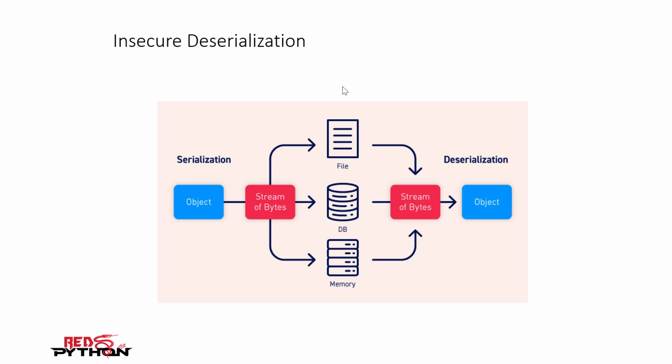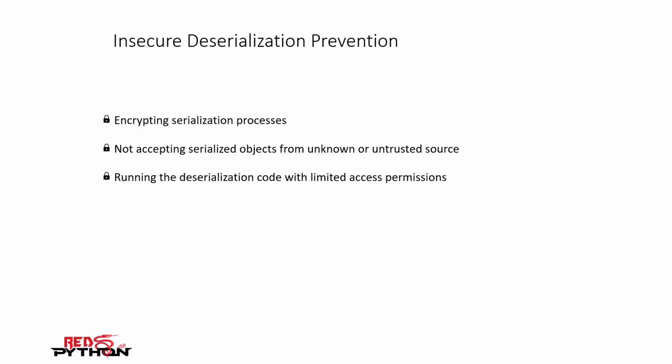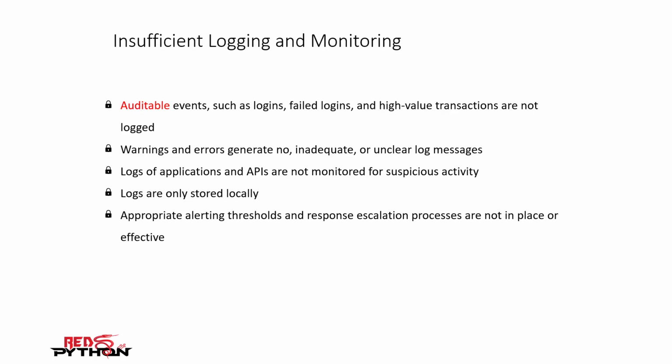But if the stream of bytes is not encrypted, it is easy for any attacker to change it, and thus the deserialization operation will be compromised. So how to prevent that? Make sure to encrypt the serialization process. Do not accept serialized objects from unknown or untrusted sources. And you should run your deserialization operation with minimal privileges.